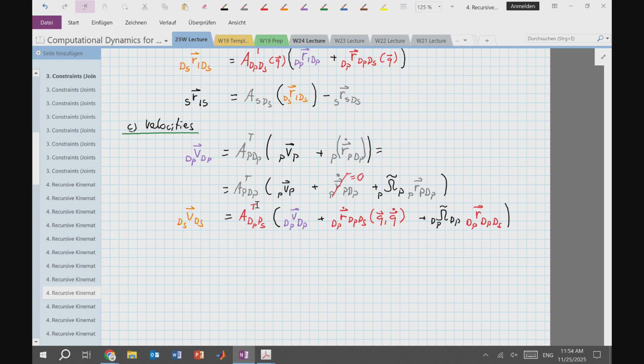This would be the displacement across the joint, and here would be ds. So this would be r dp ds, the displacement across the joint. And now you can imagine that this displacement creates velocities in different ways. Number one, I change this vector here because the joint moves. For a pure translational joint, it would basically move ds that way. And this is what's covered here, the change within the joint.